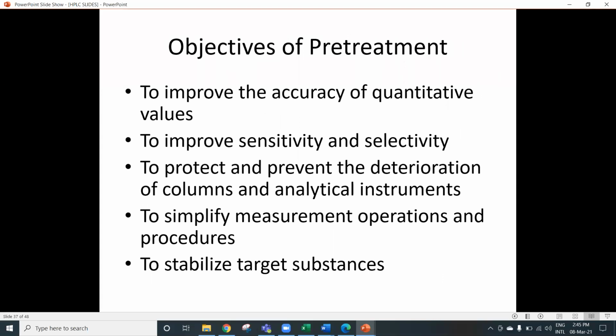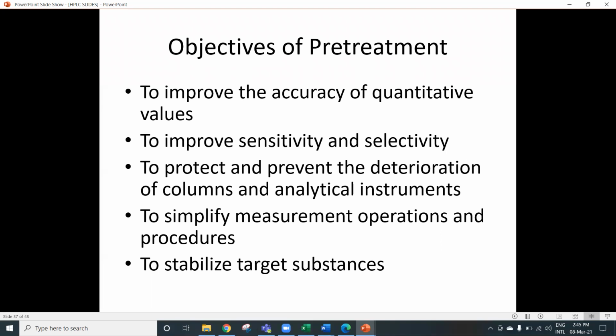So before you introduce your sample to the HPLC, you have to do some pre-treatment whereby you improve the accuracy of the quantitative values. You also increase the sensitivity of your instruments when you pre-treat, because if your sample is too dilute, your detector may not be able to see it, but when it is concentrated, it becomes more obvious for your detector to detect.